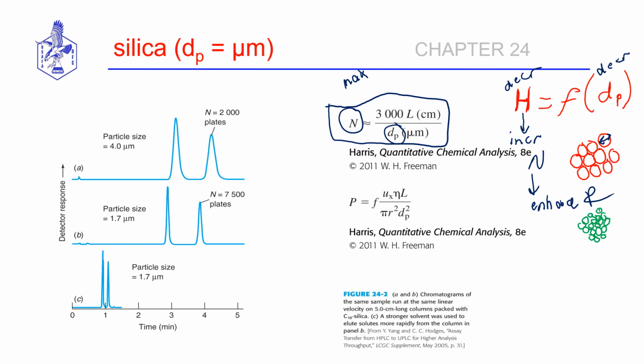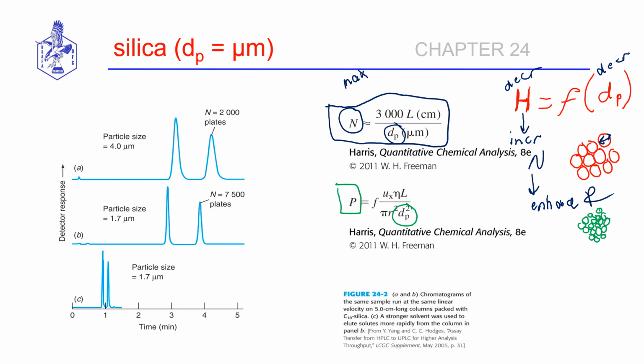So in terms of the effect of the particle diameter on the pressure required, as these particles get smaller, the required pressure goes up substantially. So you need to have an instrument that has pumps capable of getting flow in that magnitude.